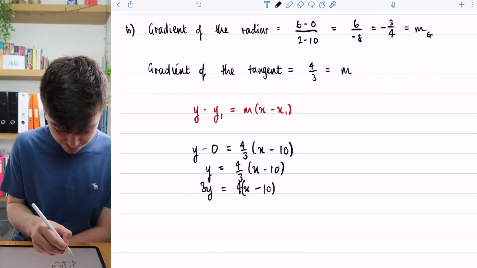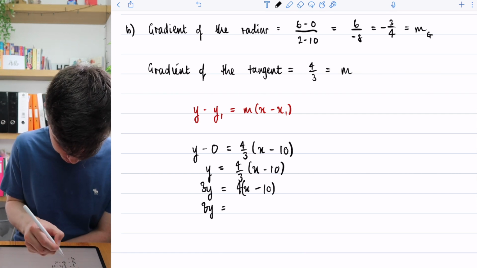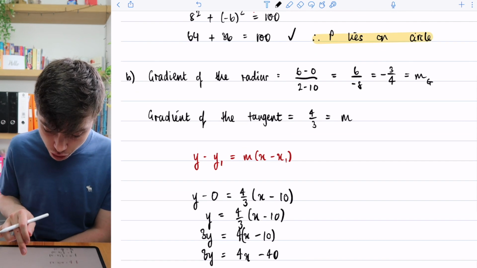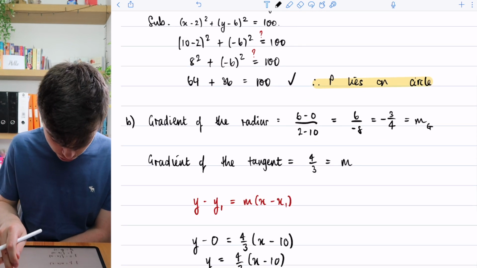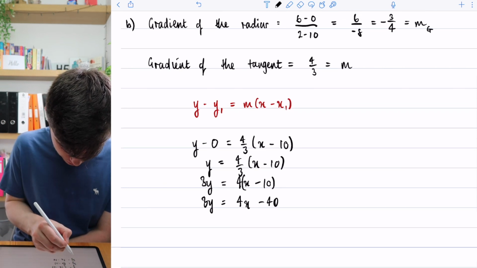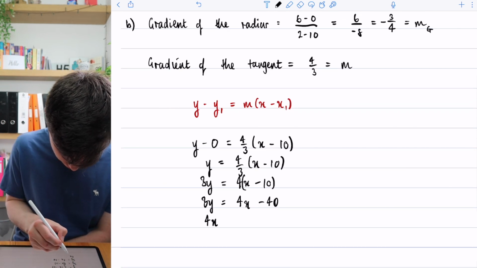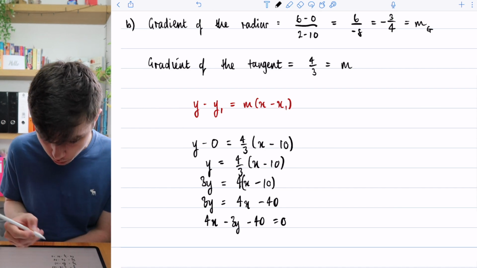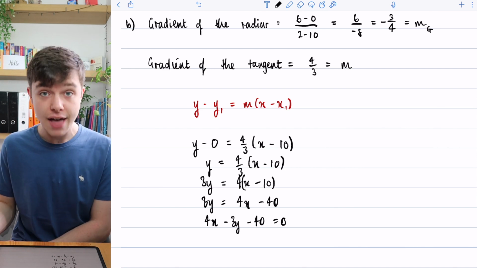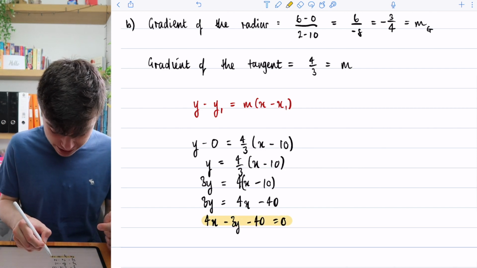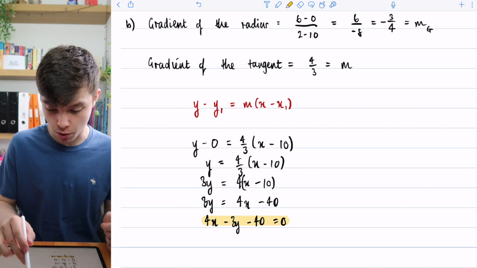Then let's distribute the 4, so we'll have 3y is equal to 4x minus 40. And then we want the y term second, so we will take the 3y over. We'll have 4x minus 3y minus 40 equal to 0, and that is in the correct order and format of the answer that it wanted.